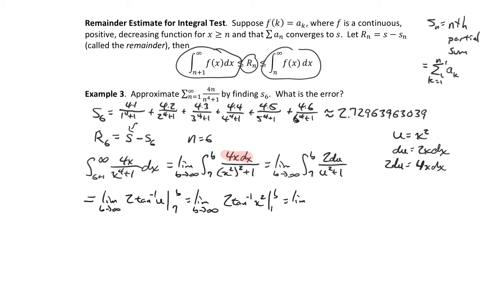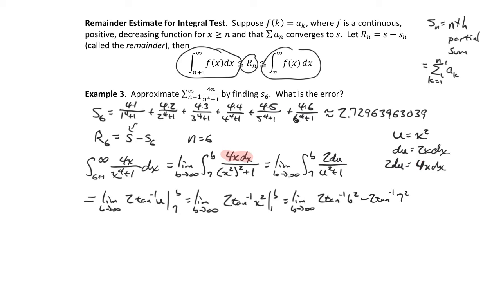This is the limit as b goes to infinity of 2 times the inverse tangent of b squared minus 2 times the inverse tangent of 7 squared.